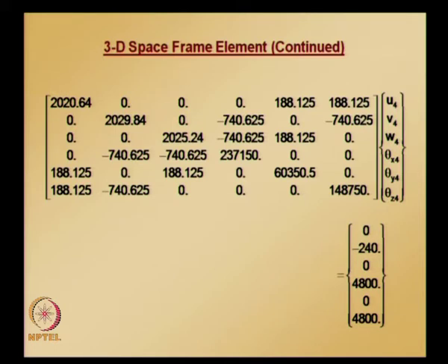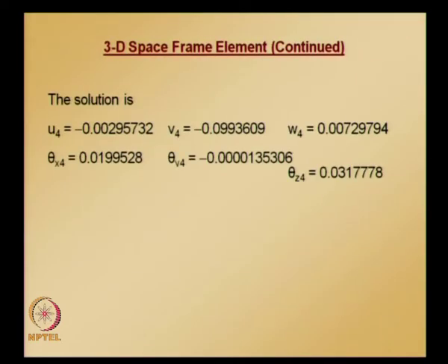Solving the 6 by 6 equation system we get the nodal solutions corresponding to node 4. The solution u4, v4, w4, theta x4, theta y4, theta z4 are given there, and these are the values in the global coordinate system.